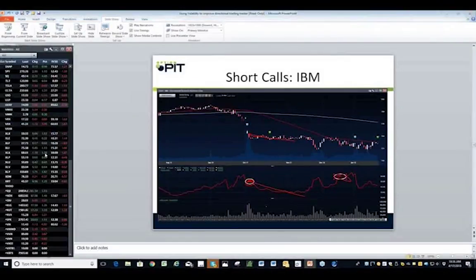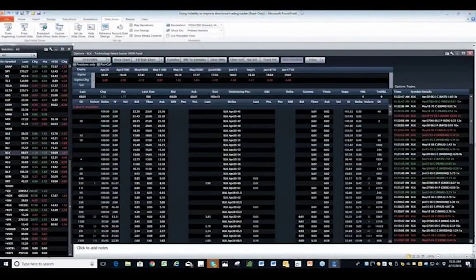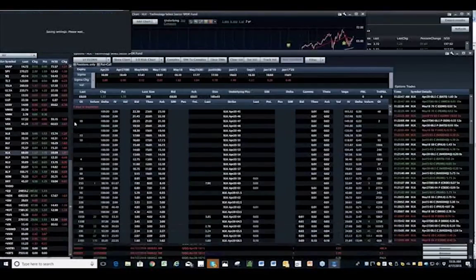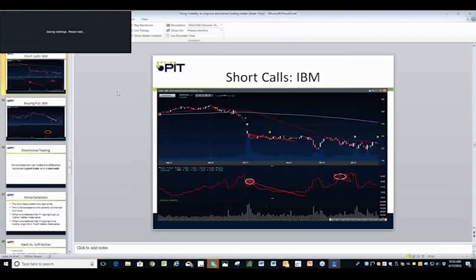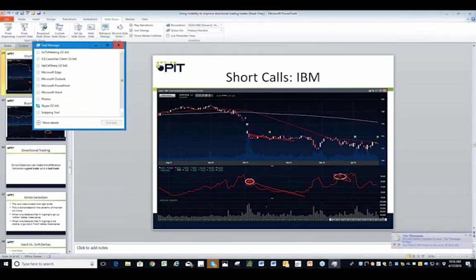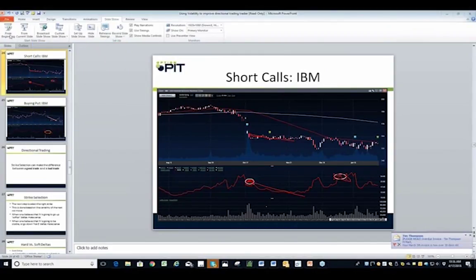I don't know why this is giving me a hard time here. LiveVol does not want to go to the back screen all of a sudden. Have to shut it down again. And then here's one where we bought a put. One second here, folks. I don't know why this is giving me garbage.